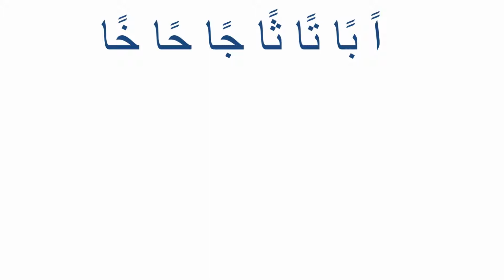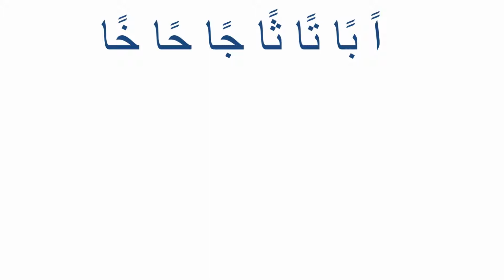So this is a point to remember. Whenever there is a tanween on top of a letter, the letter alif is automatically added on, but it is not pronounced. So it's just there as a silent alif. Let's continue.